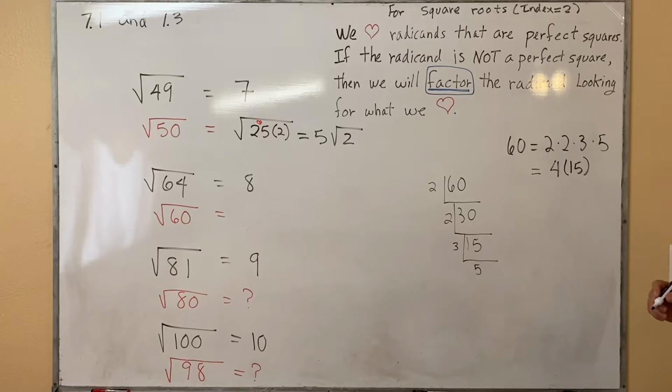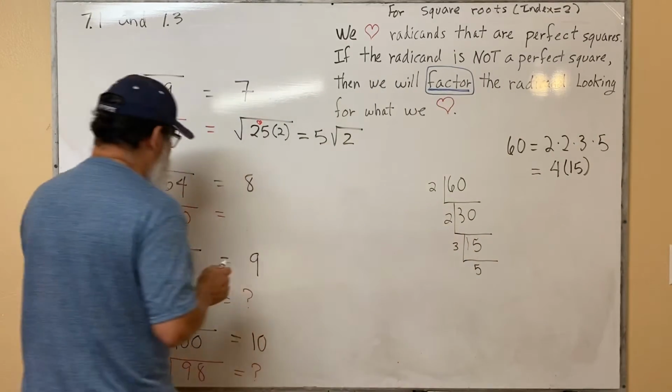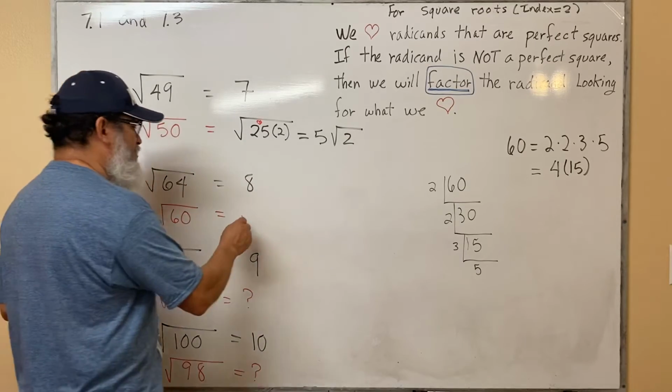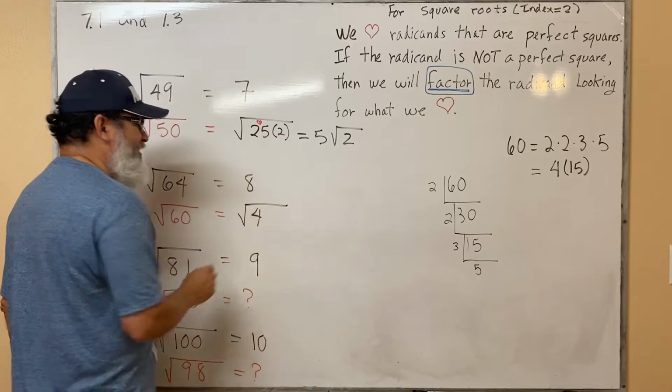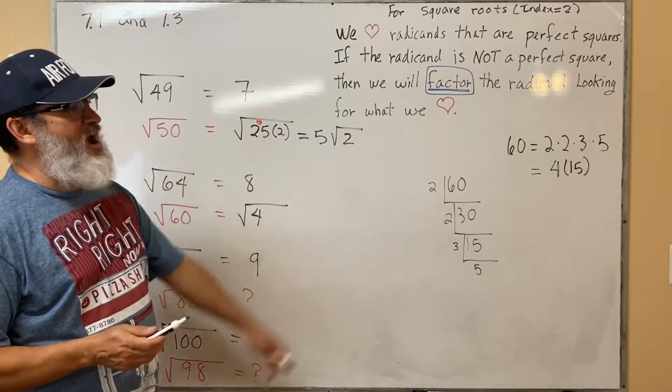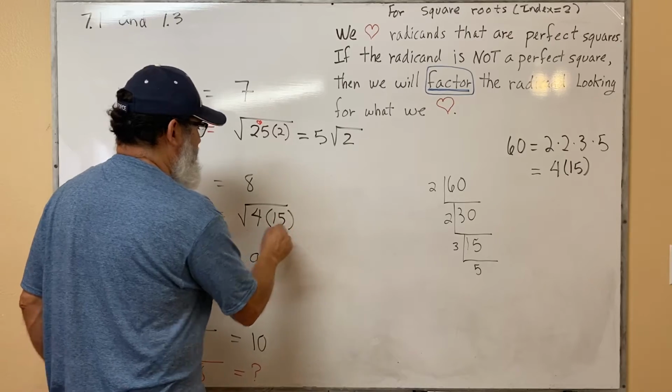Okay? So therefore, you don't have to write 3 times 5, but you can say the square root of 60 is going to be the square root of 4 times 15.